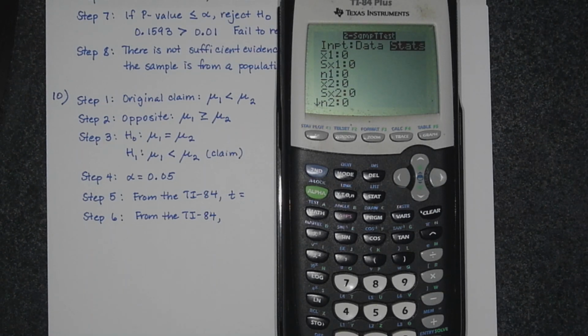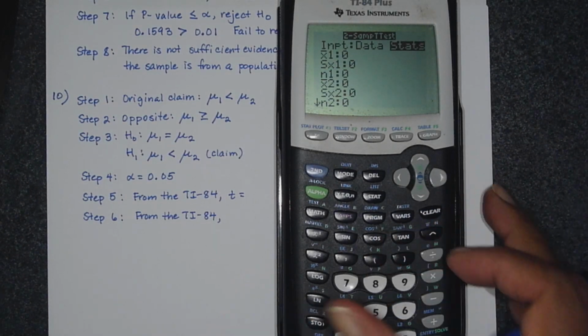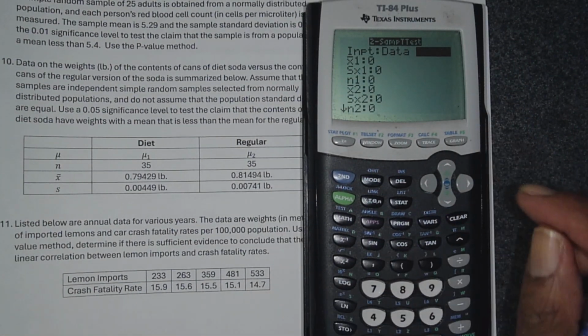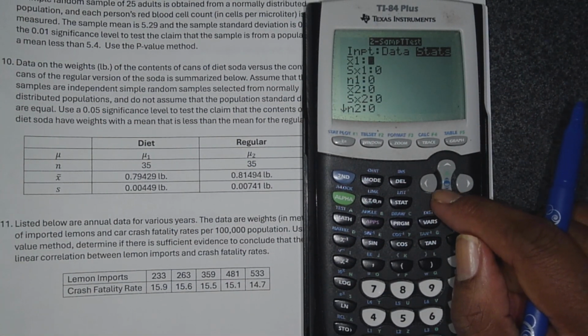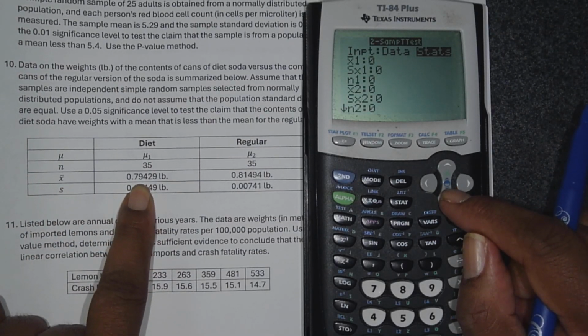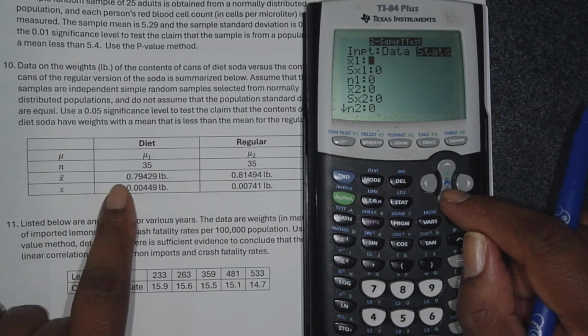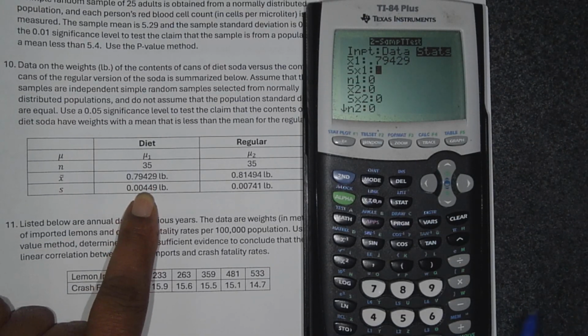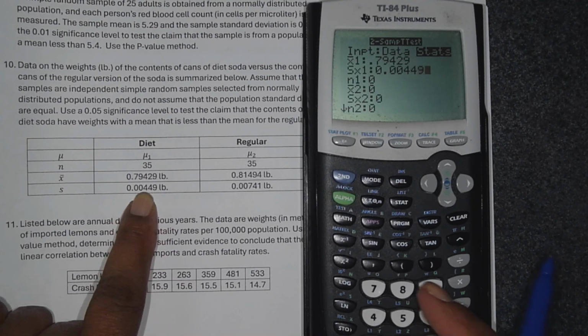Okay. And then make sure that stats is highlighted because all you have there is the summary statistics. And then X bar 1 is 0.79429. And then your sample standard deviation of the first, that's this number right here, 0.00449.